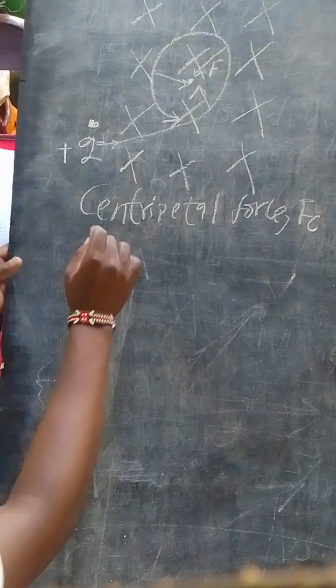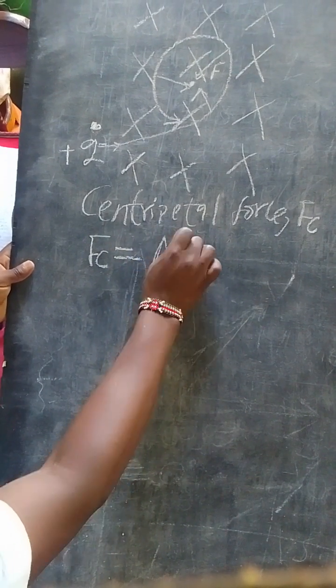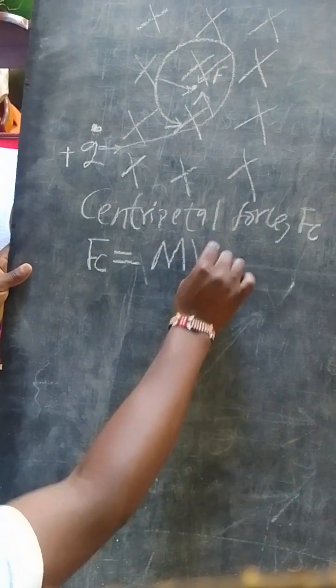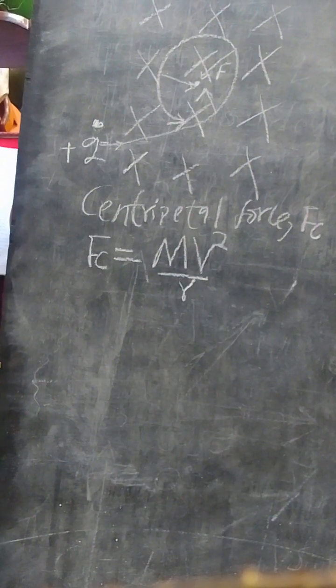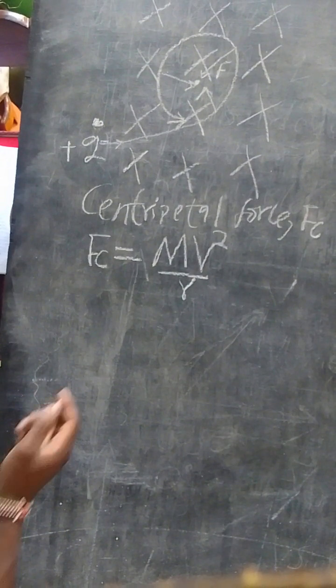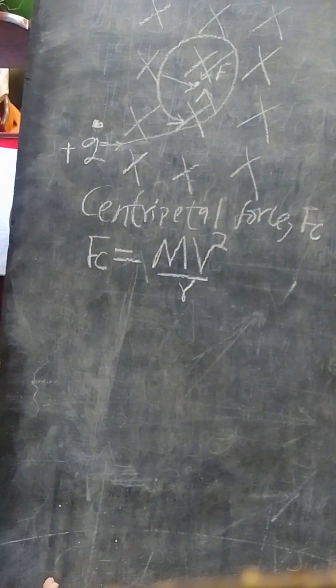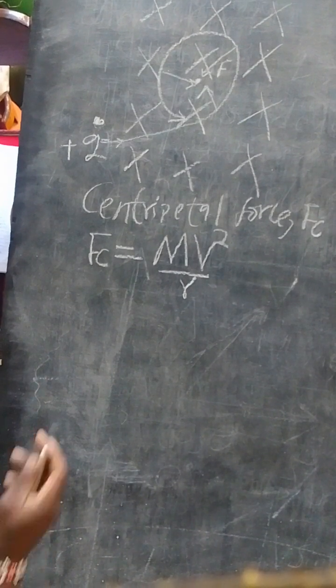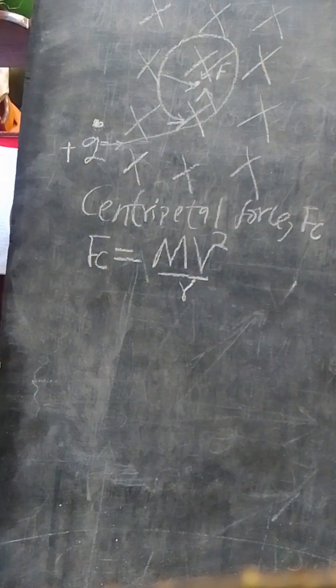Now, centripetal force is normally given as M times V squared over R. In the previous video that I posted, we talked about how we came up with this formula, that is centripetal force, how we get all those parameters, and how we bring out this formula.